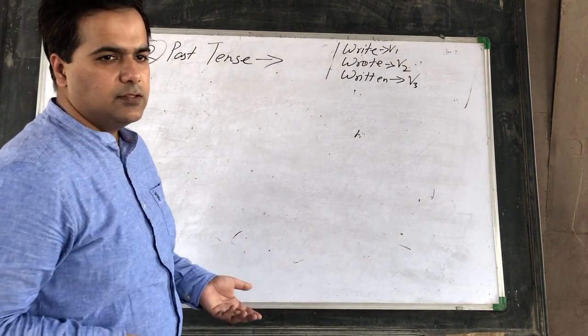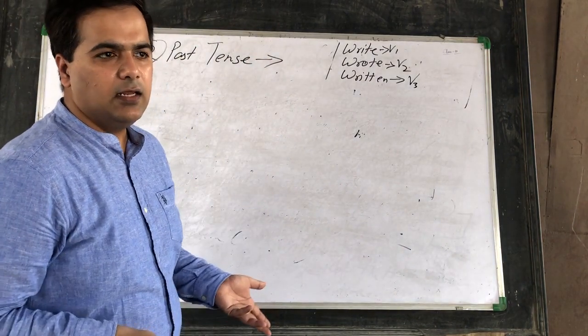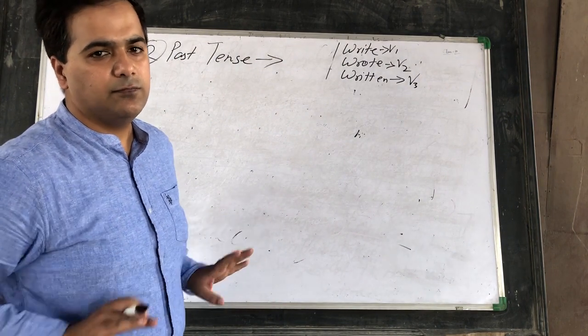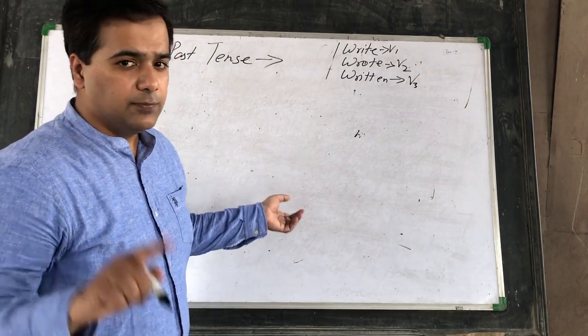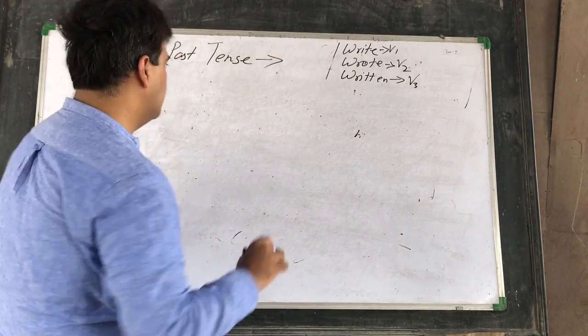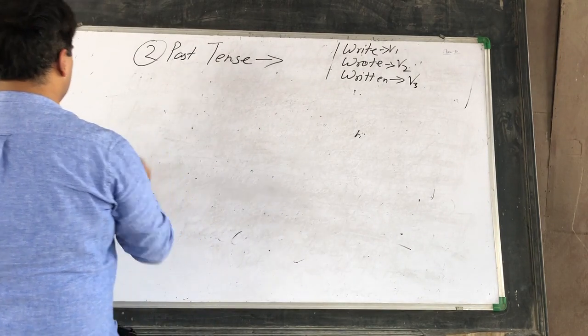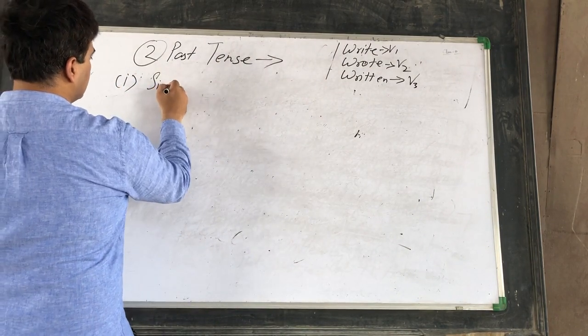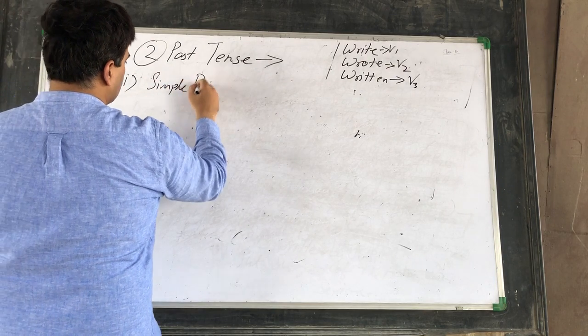Fine. Past tense. Again, same category. Simple past, past continuous, past perfect, and past perfect continuous. As again I said, in the perfect continuous, the passive voice will not be followed. The first we are taking simple past, also known as past indefinite.